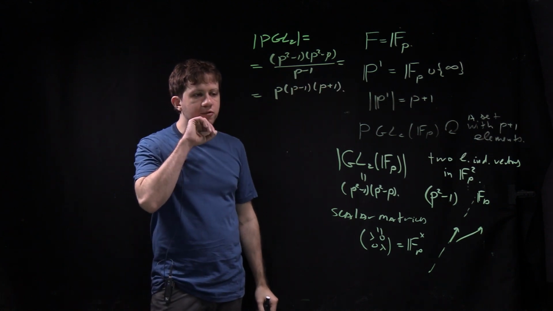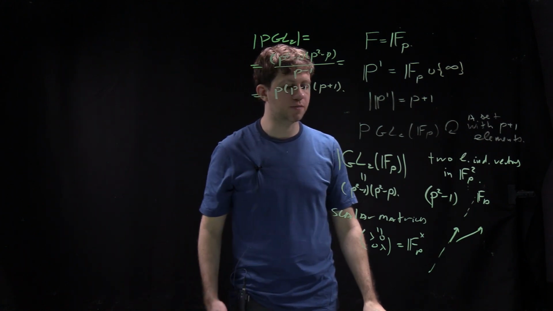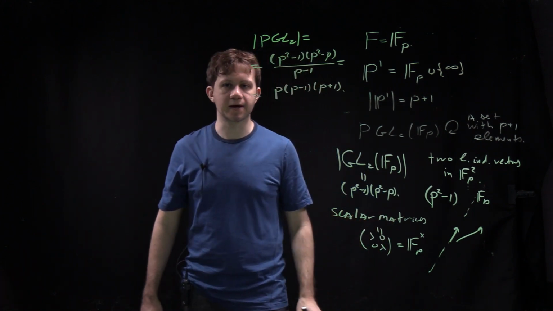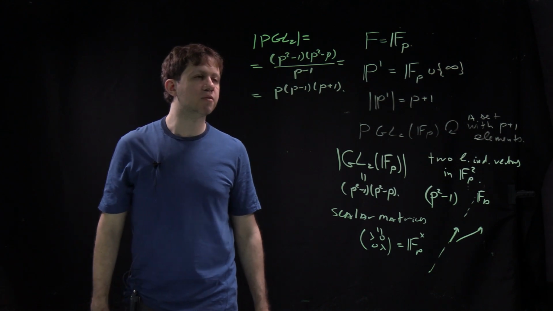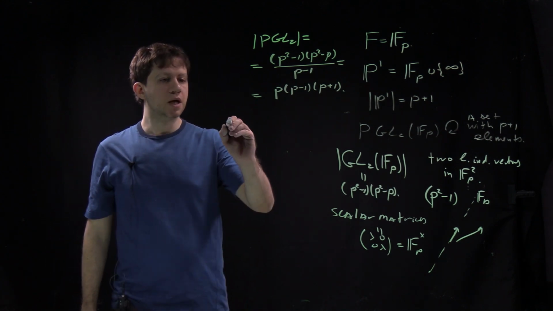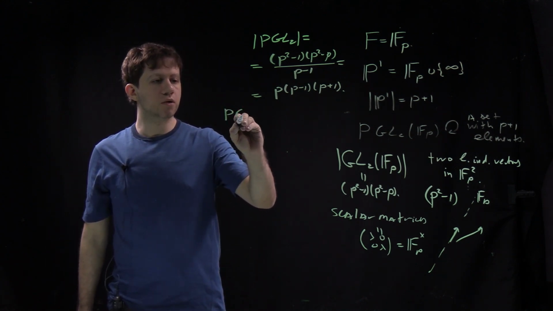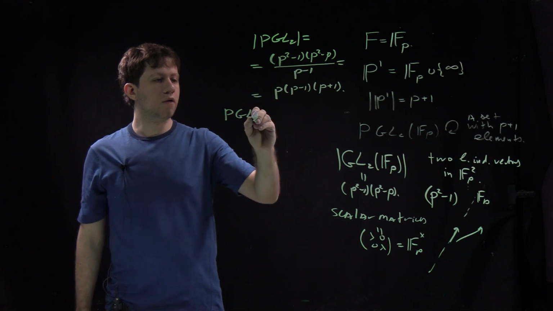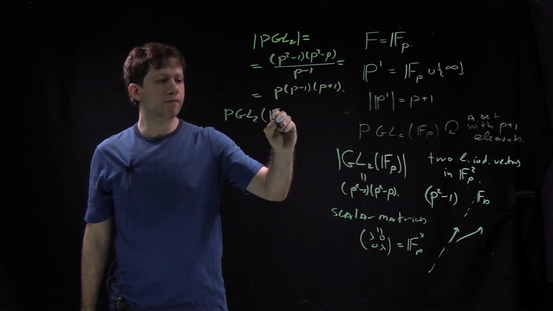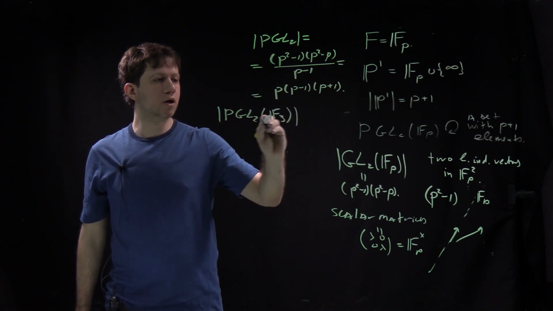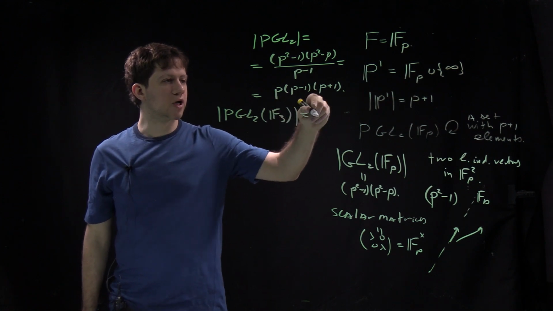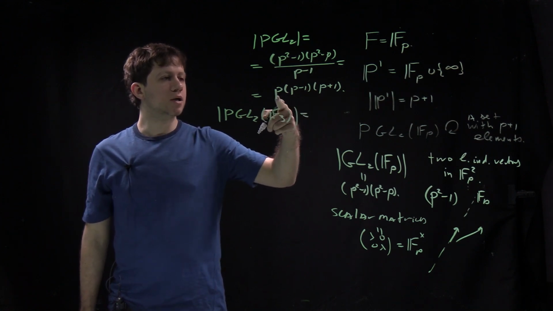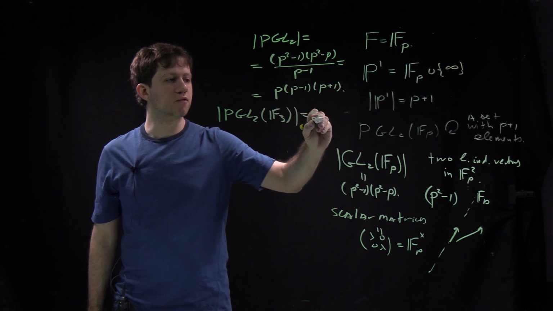And you see for p equal to 2 there was no difference, because for p equal to 2 you don't factor over anything. But for p equal to 3 already there is a difference. So PGL2 of F3 has order 3 times 2 times 4, which is 6 times 4, which is 24.